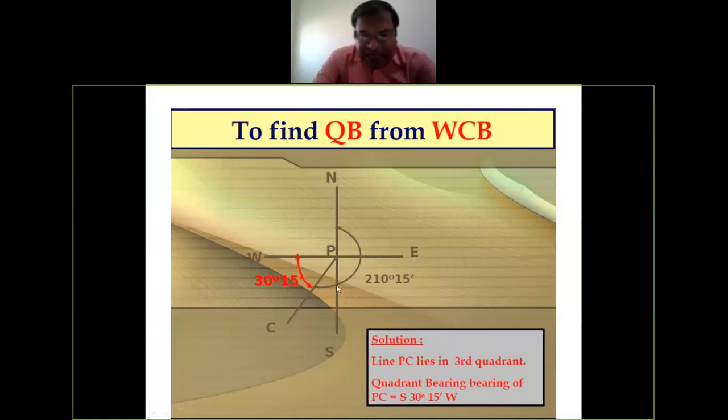And this line approaches which pole? South pole. So how will you write? South 30 degree 15 minute west. Your angle is from here to here and it is approaching the south pole, so south 30 degree 15 minute west.